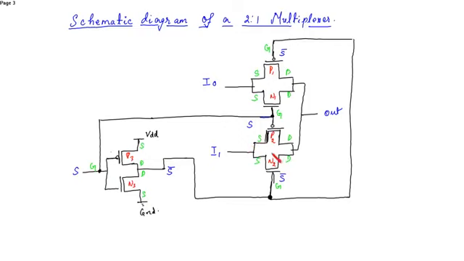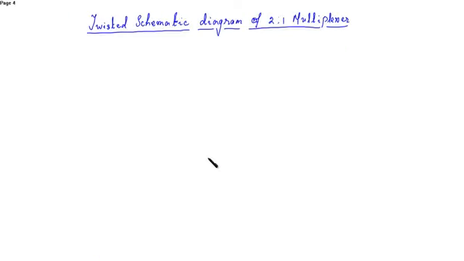So we have to twist these PMOS and NMOS in order to obtain the twisted schematic. There are total 3 PMOS and 3 NMOS. So first draw the PMOS and NMOS. This is PMOS 1. This is PMOS 2. And this is PMOS 3.